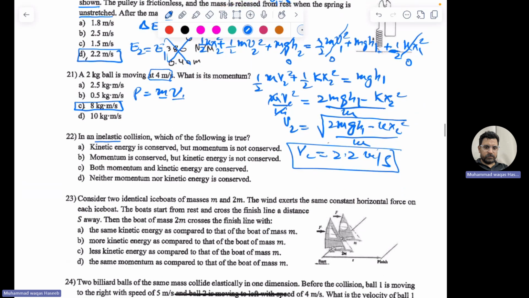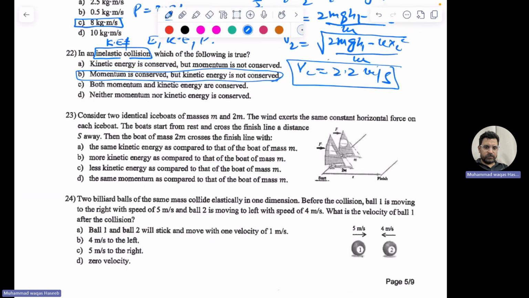In an inelastic collision, momentum remains conserved, but kinetic energy cannot remain conserved. In an elastic collision, kinetic energy remains conserved, and momentum remains conserved. This is for elastic, and for inelastic collision, kinetic energy does not remain conserved.